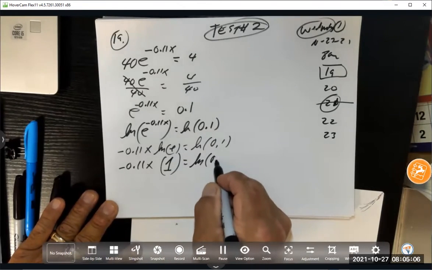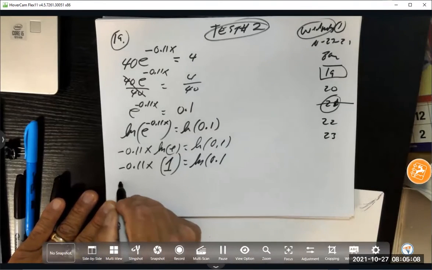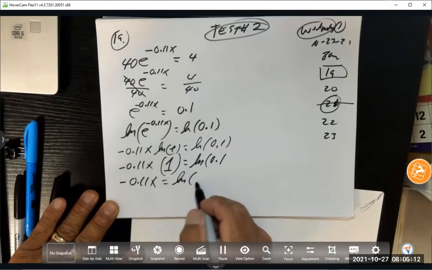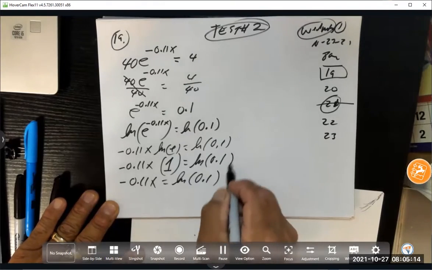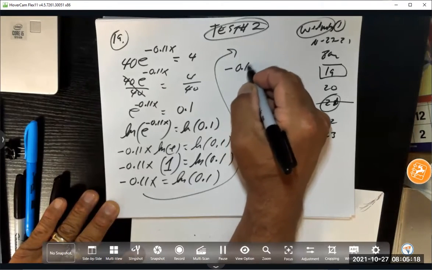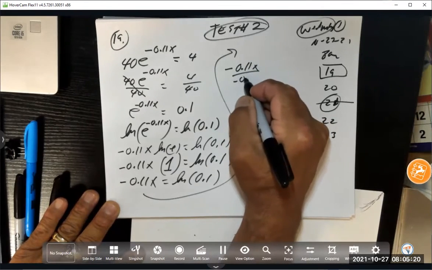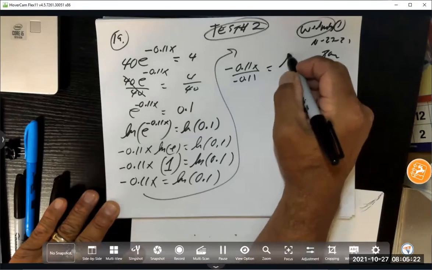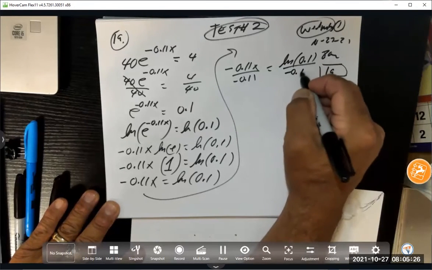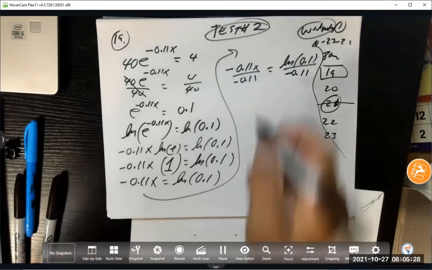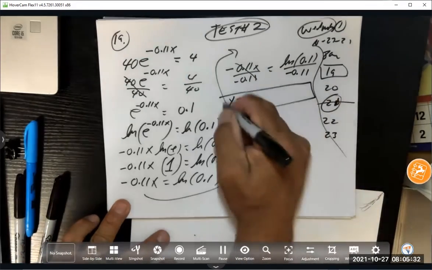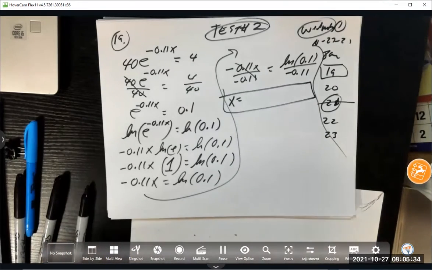All right, so negative 0.11x equals the log of 0.1. So now I'm dividing both sides by negative 0.11. Okay, these are gone. So x is some big calculator number.